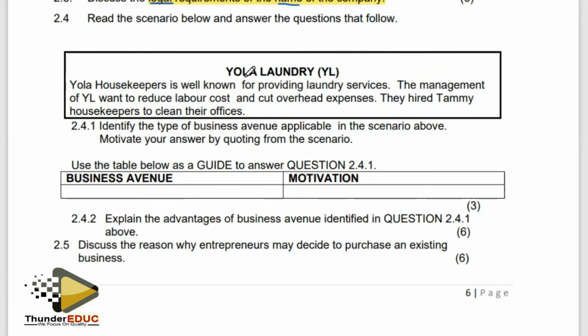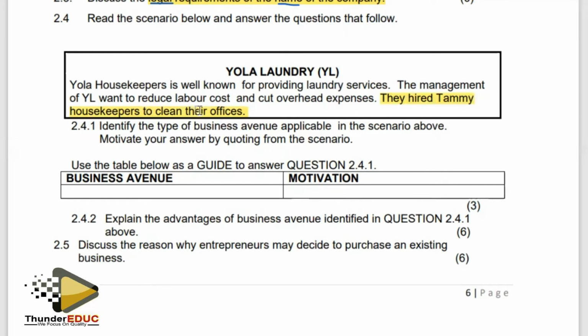What do they do if they want to reduce labor costs and cut overhead expenses? So what they did was to hire Tammy Housekeepers. Tammy Housekeepers was brought in purposely to clean their offices. I believe these people were so good at cleaning offices.